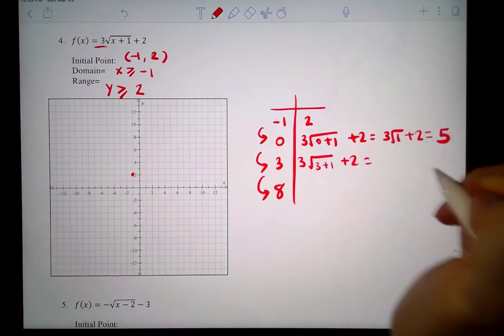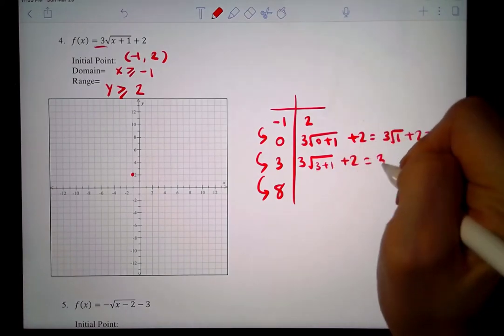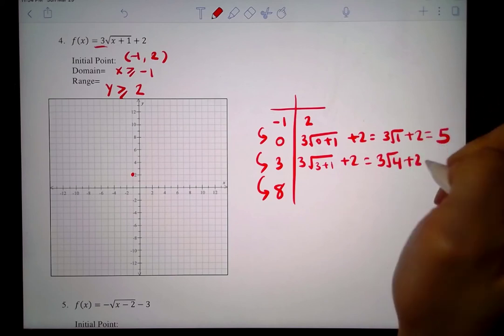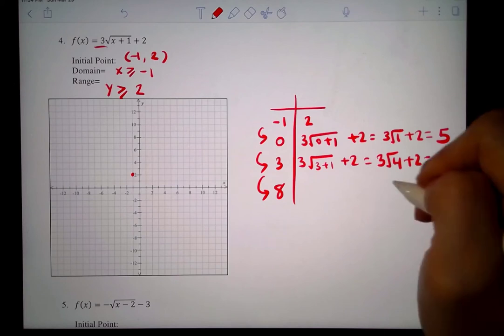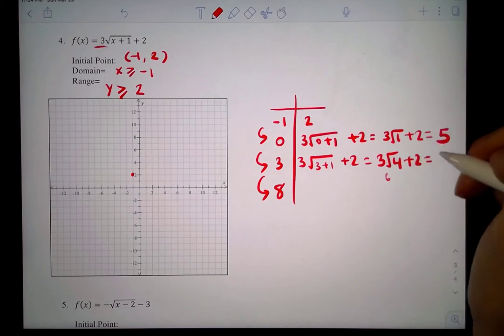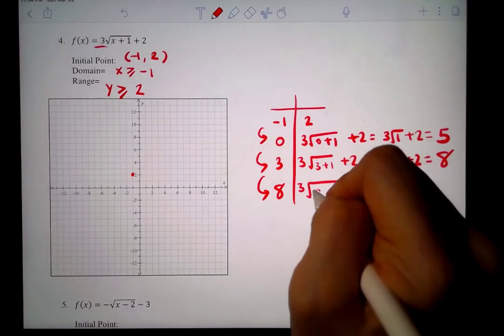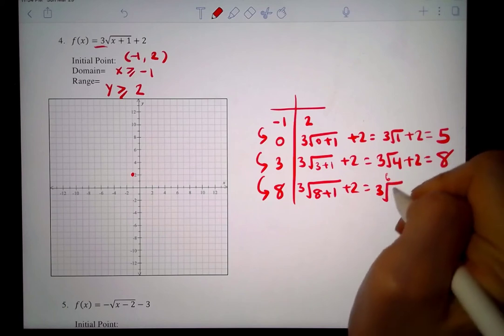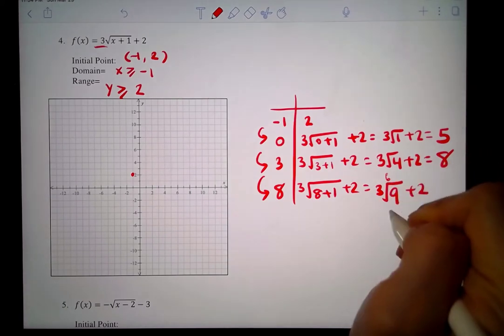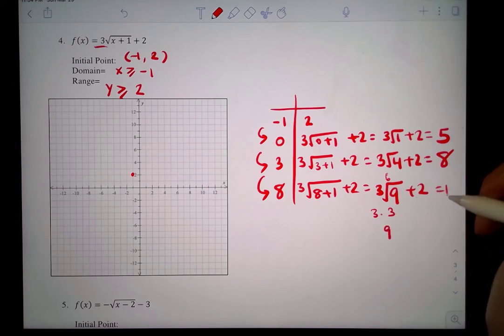So square root of 3 plus 1, that's 4. Square root of 4, you know what that is. That's 2, right? So 3 times 2, that's 6. 6 plus 2, then you get 8. And for this one, when you put 8, 8 plus 1 plus 2, so you get 3 times the square root of 9, plus 2. So 3 times 3, 9 plus 2, so 11, right?